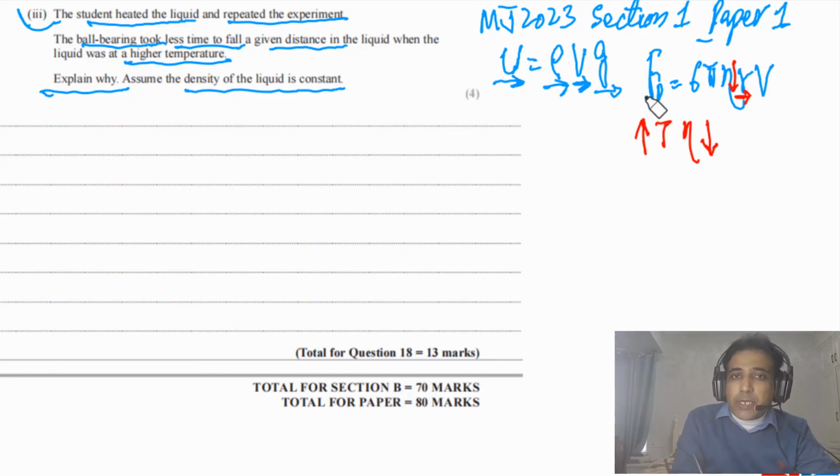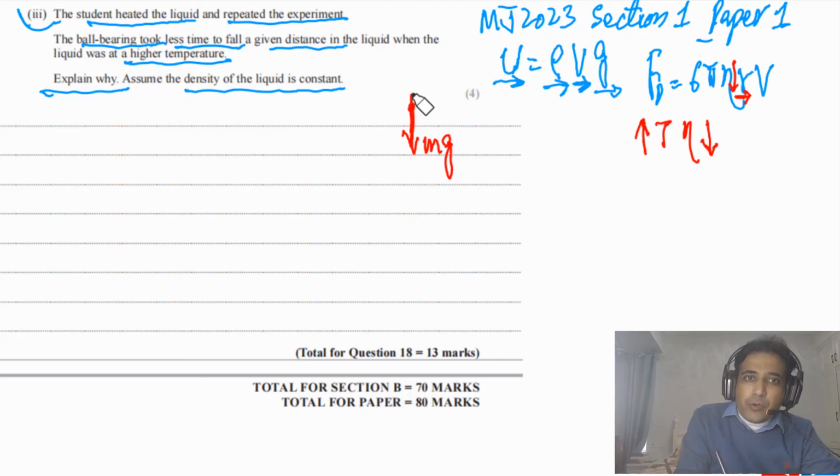So why does this drag force have to remain constant? When the object, the ball bearing, very important point, when the ball bearing reaches terminal velocity, the weight of the ball bearing is balanced by the upthrust and by the drag force.